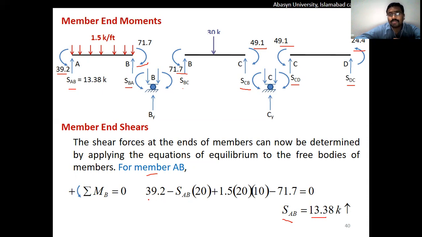For the moment equation, the factors that we take into account are the moment at point A, the shear multiplied by the span, or I would say the reaction at point A times the span, plus the moment due to applied loading, which is UDL, so it will be WL times L by 2, minus the moment at point B, which is 17.17. So we find that the shear at point A, or I would say the reaction at AB, comes out to be 13.38 kips.